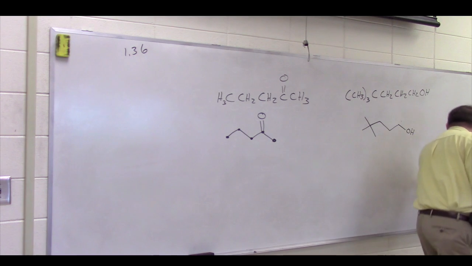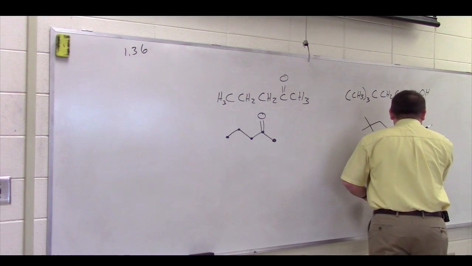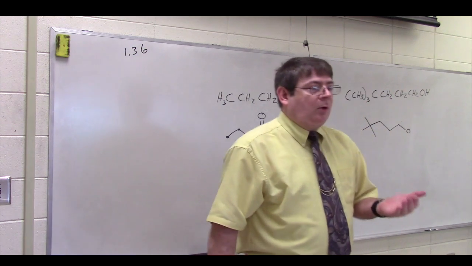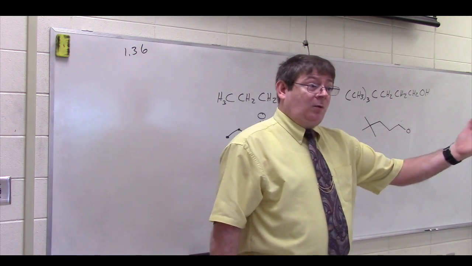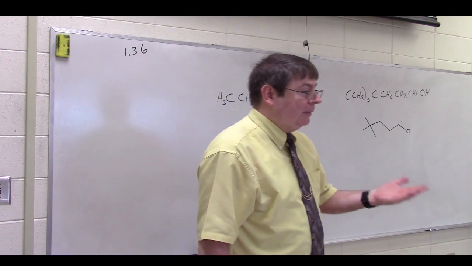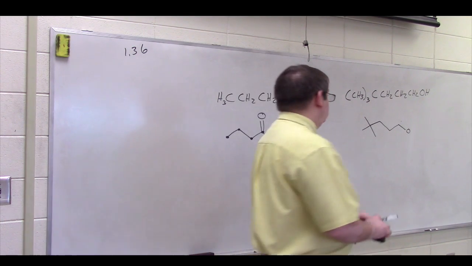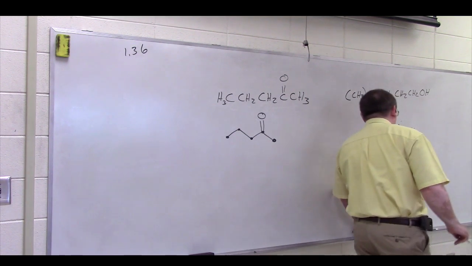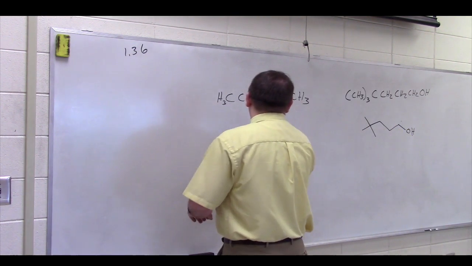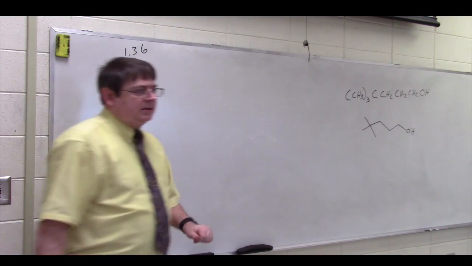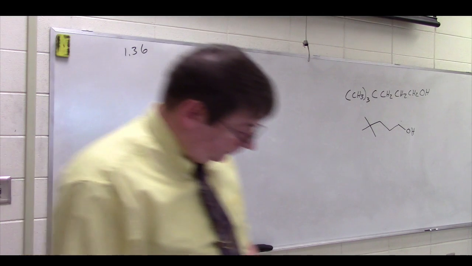So if I was to write this, I wouldn't know immediately whether we were talking about an alkoxide, where it was an O minus, or it was an alcohol, right? And both of those can exist. So we show our hydrogens on all of our heteroatoms. Does that make sense? You good?